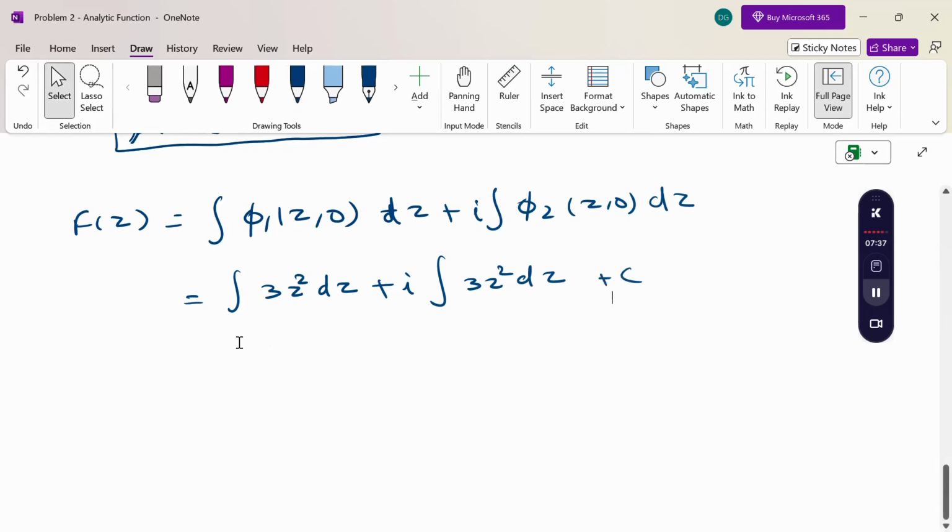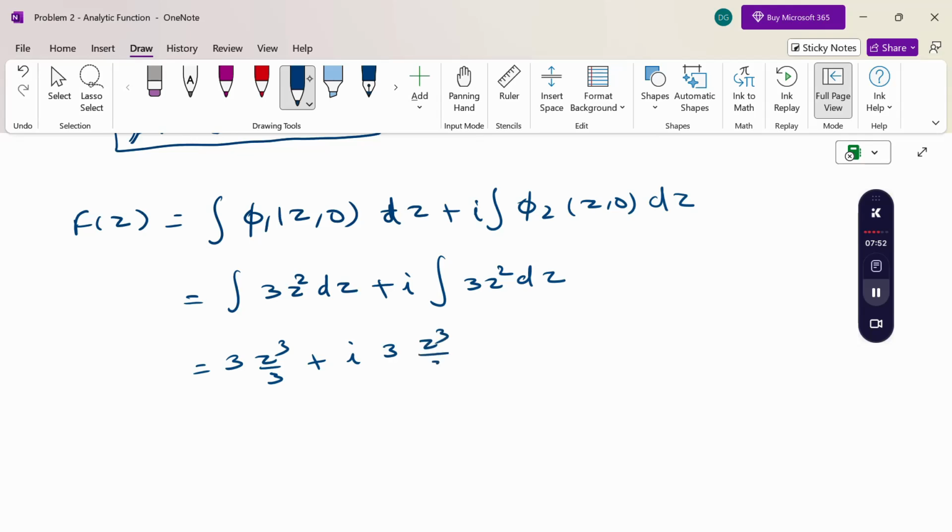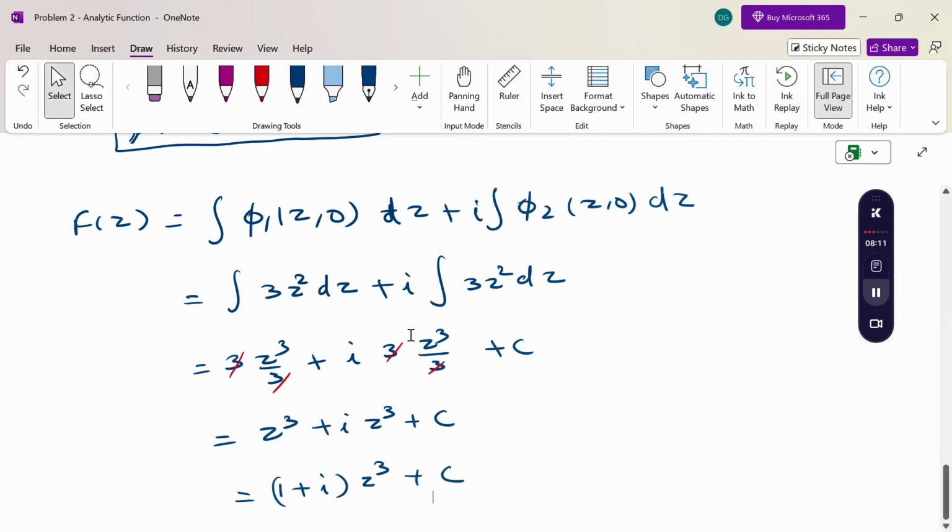When I integrate, f of z equals 3 times z cube by 3 plus i into 3 times z cube by 3 plus constant. Now cancel the 3s, therefore z cube plus i into z cube plus c. Taking z cube common, (1 plus i) into z cube plus constant c.